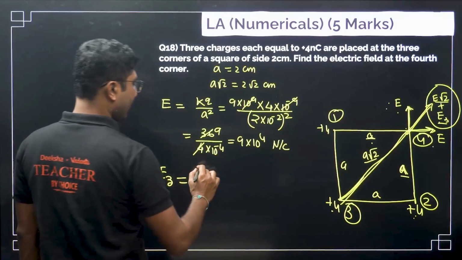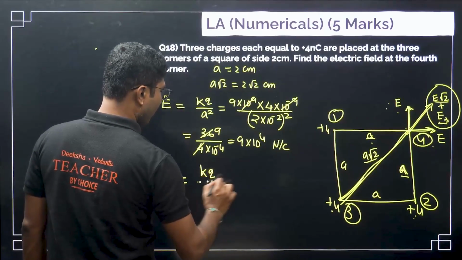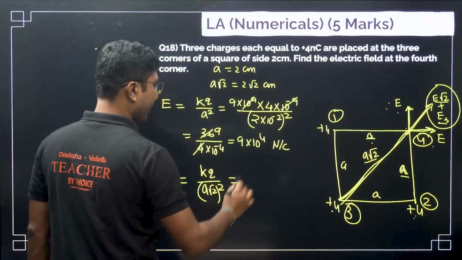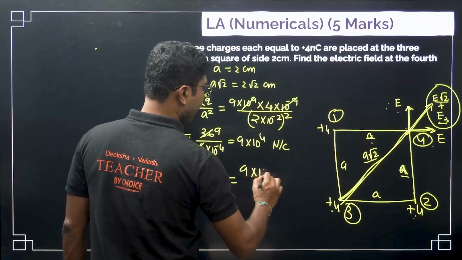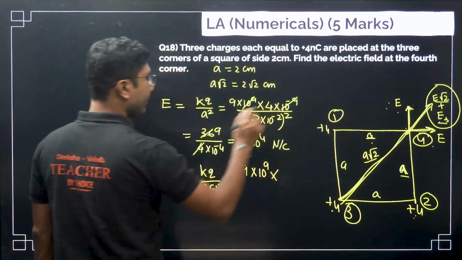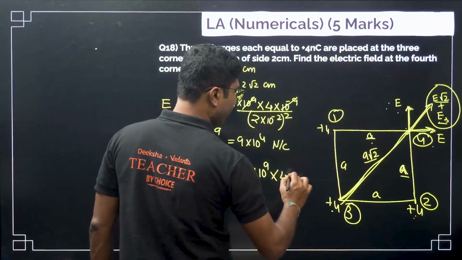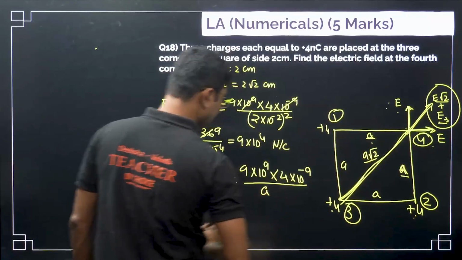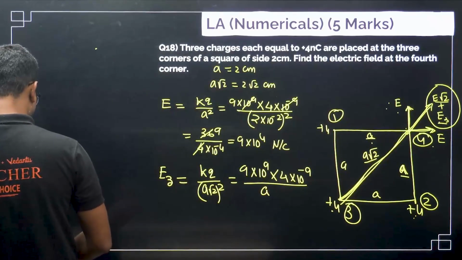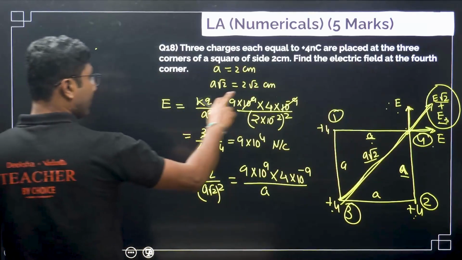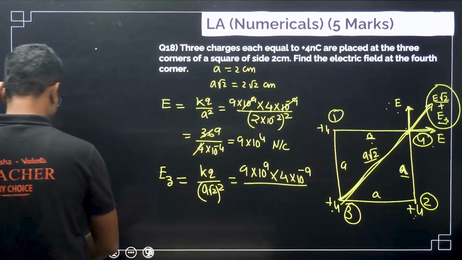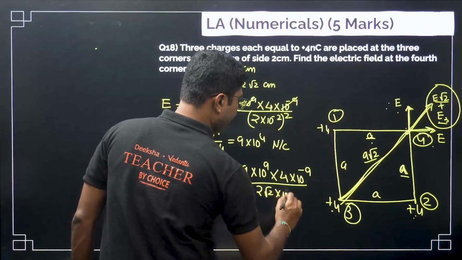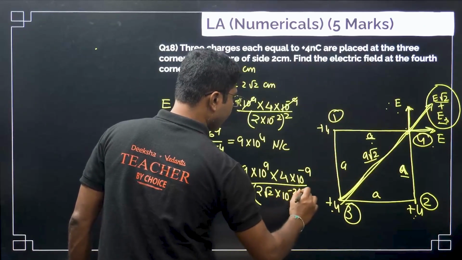So that will be KQ by A root 2, whole square. That will be 9 into 10 to the power of 9, Q is 4 into 10 to the power of minus 9, and A root 2 is 2 into root 2. So it will be 2 root 2 into 10 to the power of minus 2, whole square.